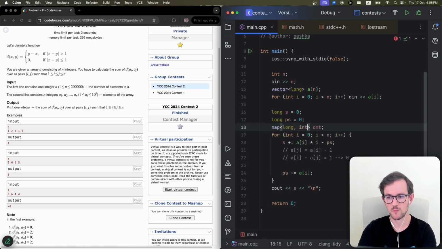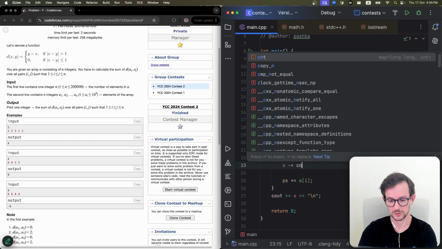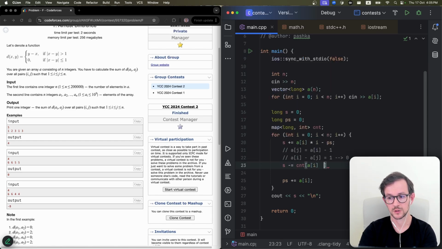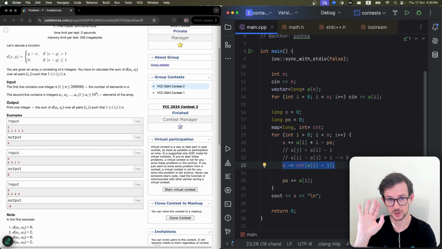So I will count how many times I found each element, and here I simply need to calculate how many times I saw the element ai minus 1, and subtract this. So again, I just make a small adjustment of this sum. I change the elements of the sum that were calculated wrong.